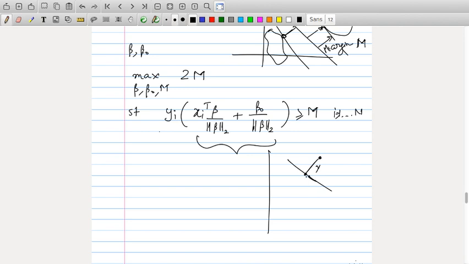So there is a point here on the hyperplane. Let's call this point P. And let's say the normal to the hyperplane. The hyperplane parameter beta happens to be the normal to the hyperplane. So a hyperplane in 2D is just a line, and the normal to the hyperplane in 2D is going to be 1, 1.